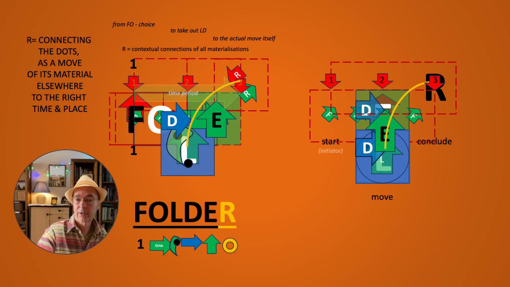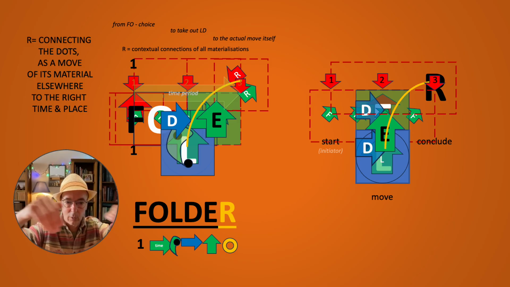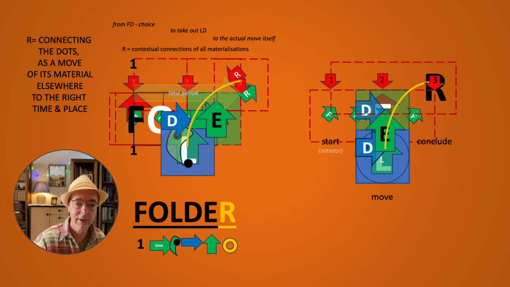And the R will, of course, like I said, connect the dots. So 1, 2, 3. So the 1, 2, 3 will be also visible in the full word. So it will connect the dots as a move of all of its material. That's also what the theory says. It is a movement in material that goes positive, and it can go to the right timing and place.